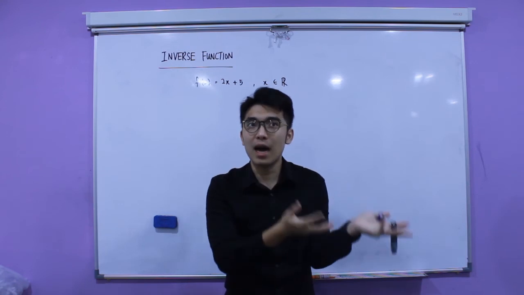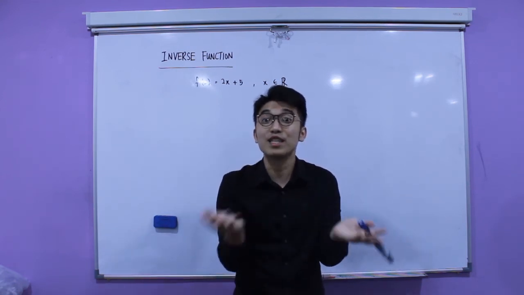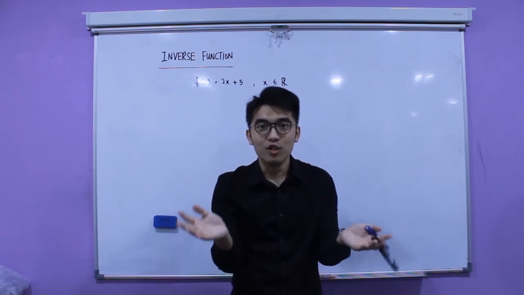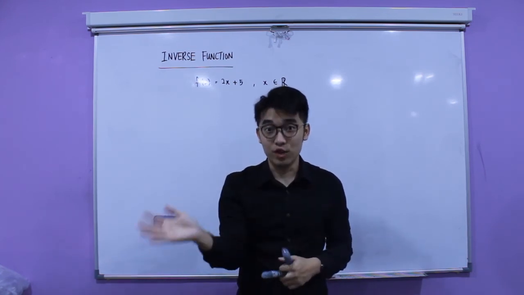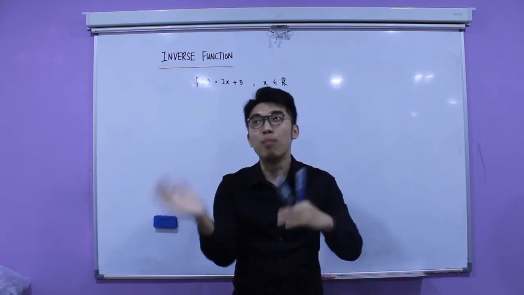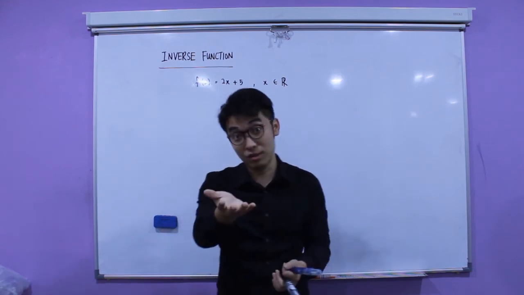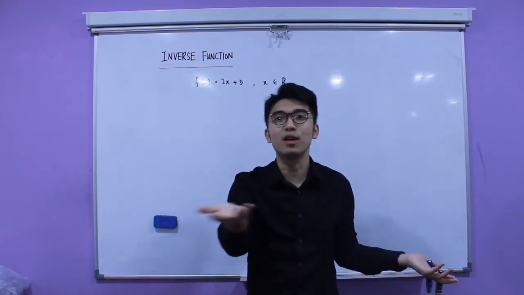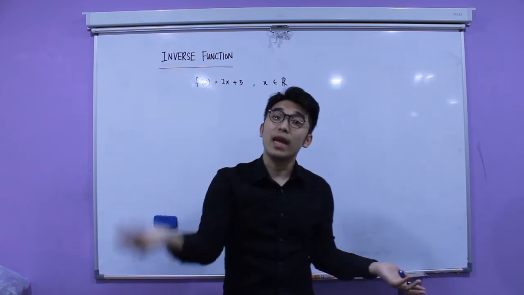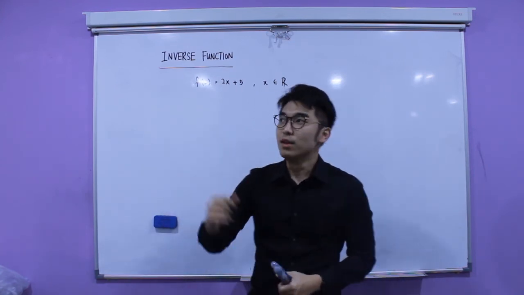It could be a large or small value, or even a number that has a decimal or a whole number. All these are considered real values, as opposed to what we call imaginary values, which you will learn maybe in A level or somewhere further down the road. So don't worry.